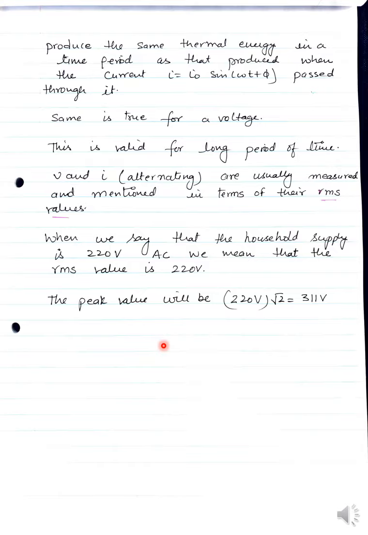So that's why I included this small lecture in our course. There will be some questions, specifically the questions we use for series RLC circuit or parallel RLC circuit, where you might have to find the values of RMS current, RMS voltage, peak current, peak voltage, and all this. That's why I included it in the lectures.